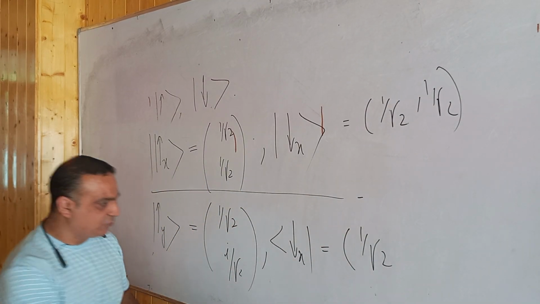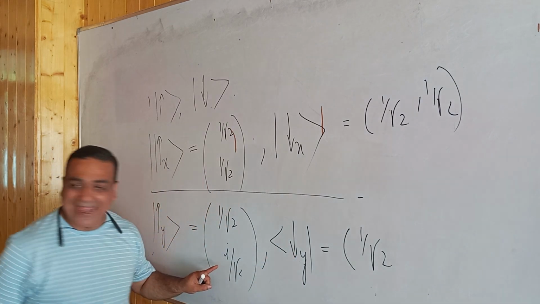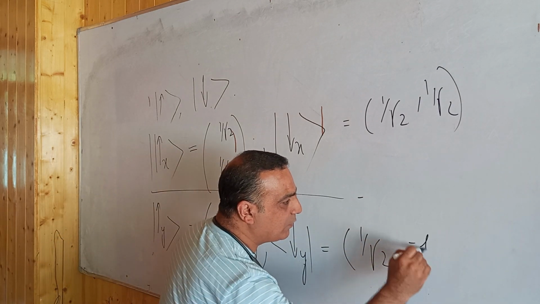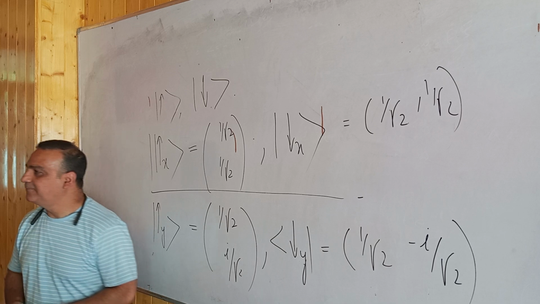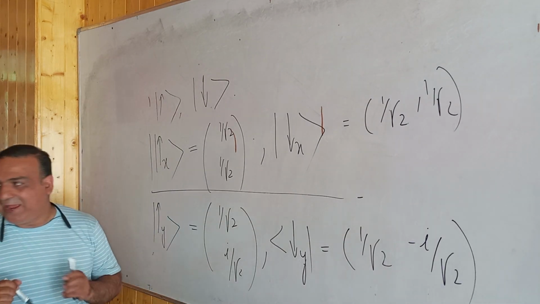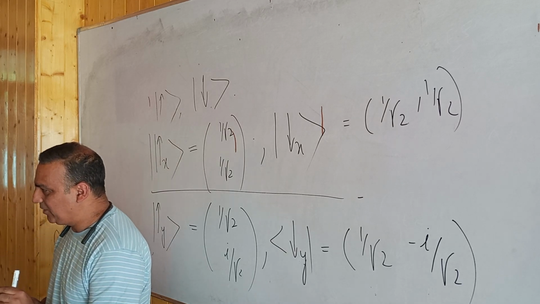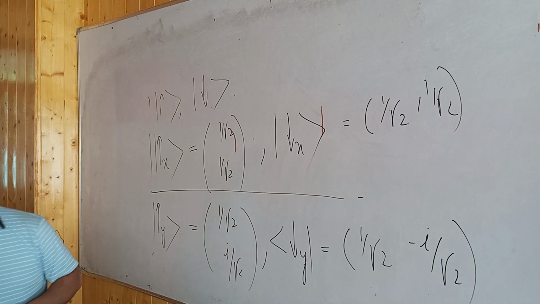So you will have to write the negative of this I, okay? So here you will have 1 by root 2, then you will have minus I by root 2. Fine? Clear? Now, what is my aim? My aim is I want to generate my sigma y, okay? So for that, I will come up with a state.